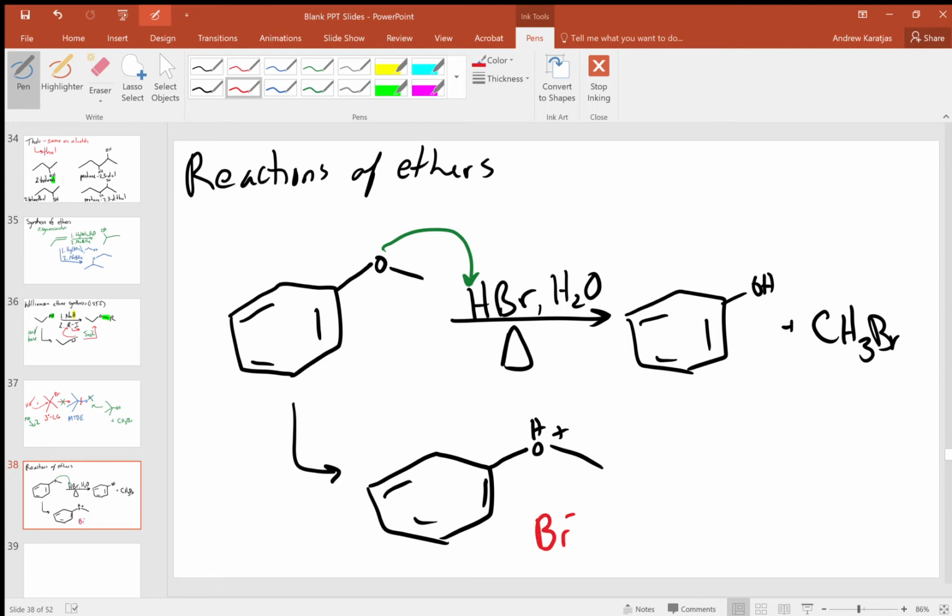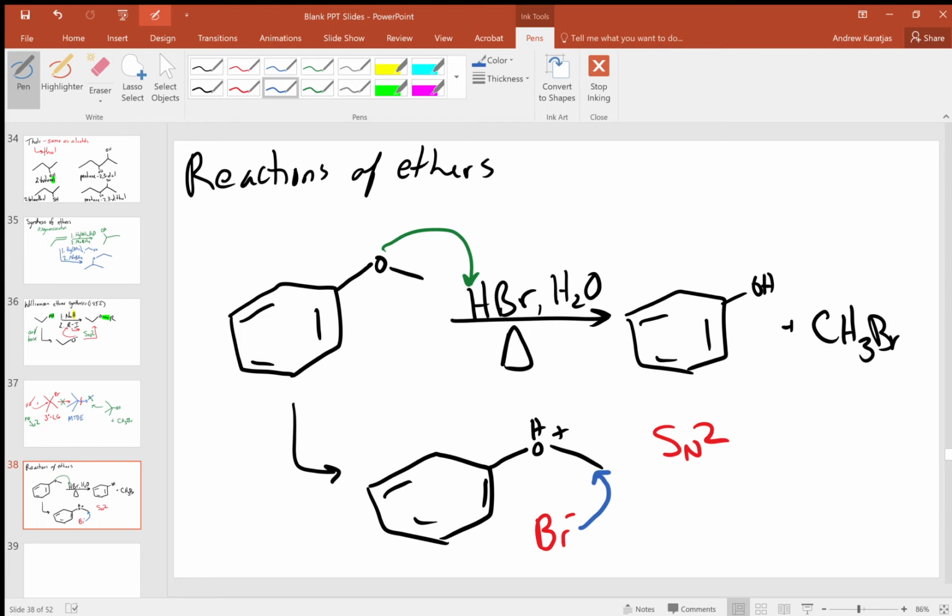And where is it going to attack? Well, it can, in theory, attack on either side of the oxygen. But this is, again, an SN2 reaction, and so it's going to attack the side of the ether that's less sterically hindered. In this case, we have the primary side versus the aromatic side of the ether.